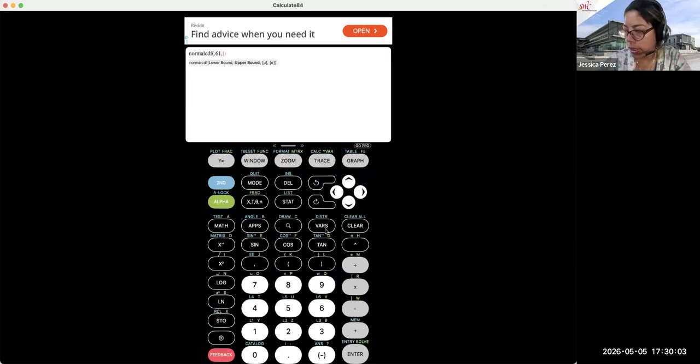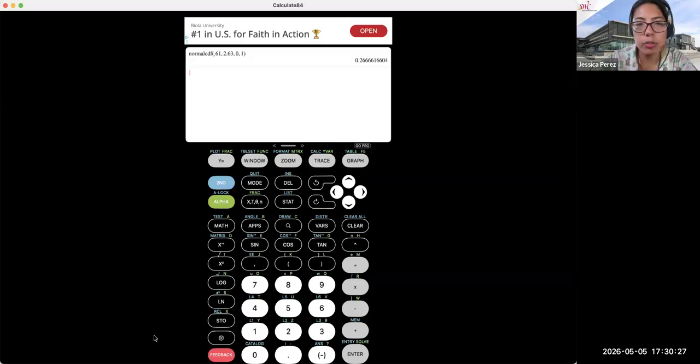The upper bound is 2.63. That's where it stops, comma. The mean is 0, standard deviation of 1. This is only for a standard normal. So there is our value, 0.2666. Roughly, if I want to estimate it, that's 0.27. So our area would be 0.267.